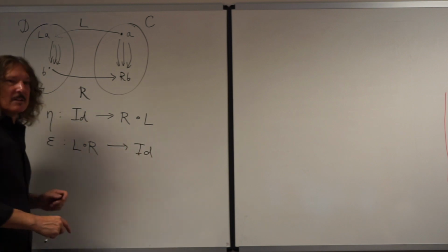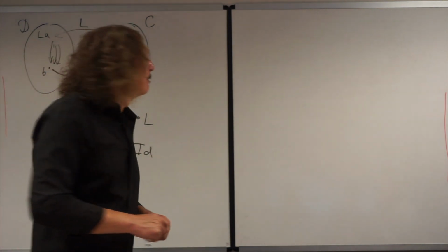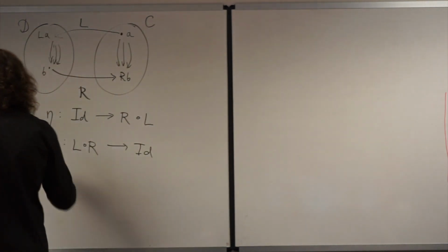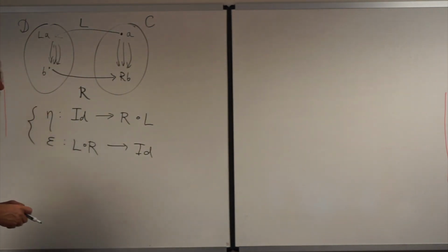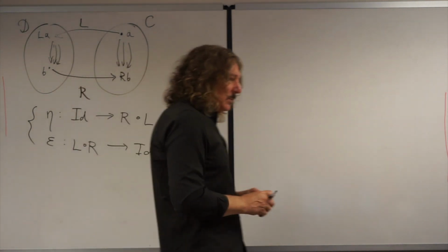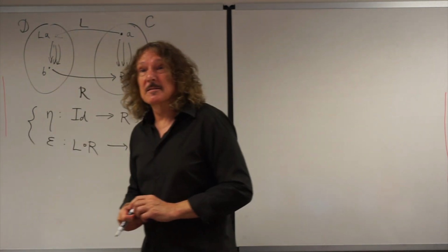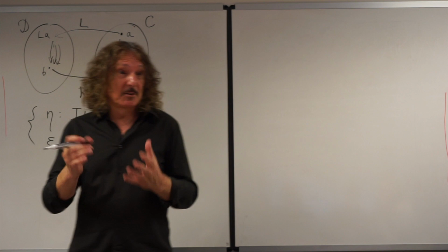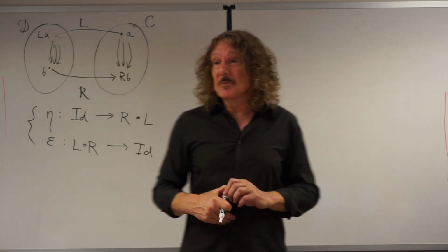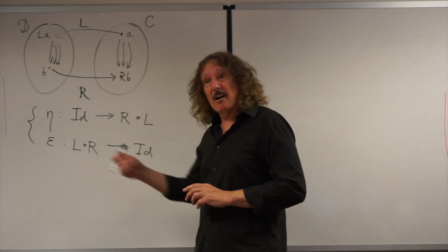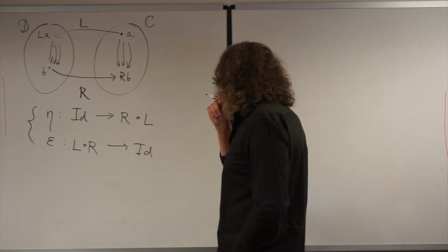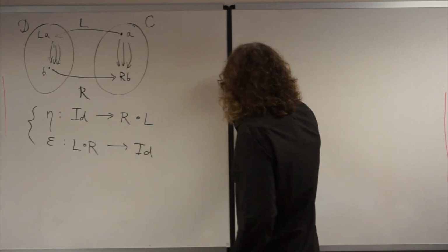And then we have to simplify it down to identity. So we have these two natural transformations, and now, since we have this new language of string diagrams, we can draw this, right? So how would we draw these diagrams?